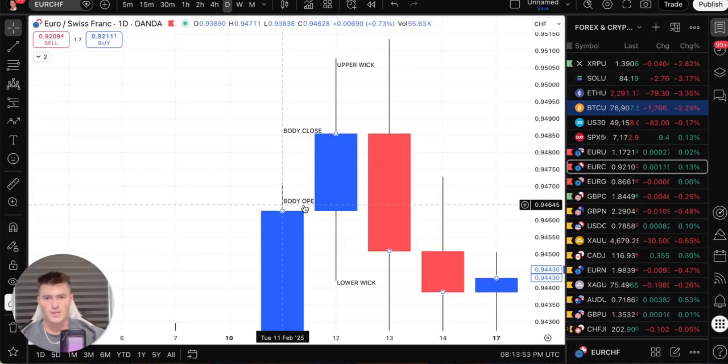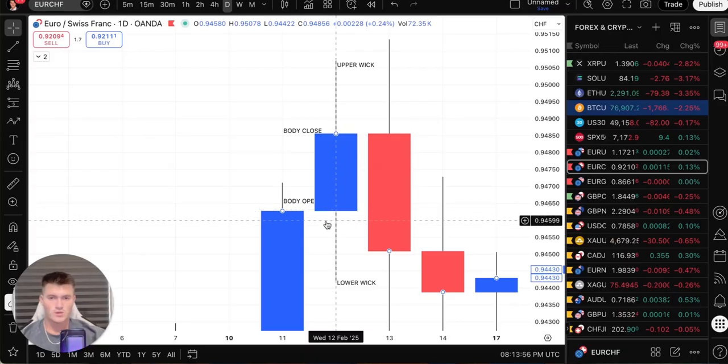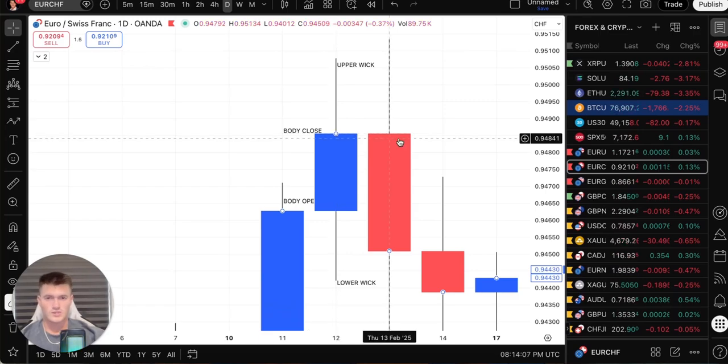So body opened here, created a lower wick, came up, created an upper wick, and then price decided to close right here.